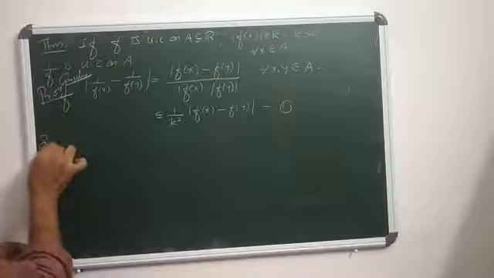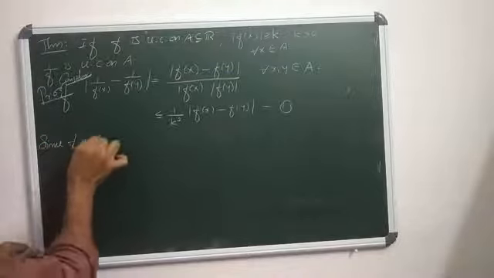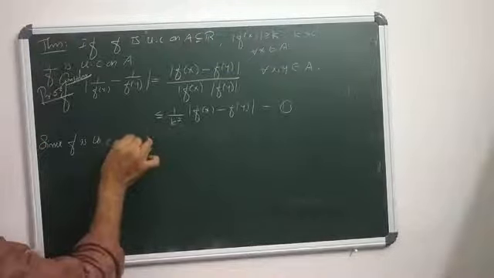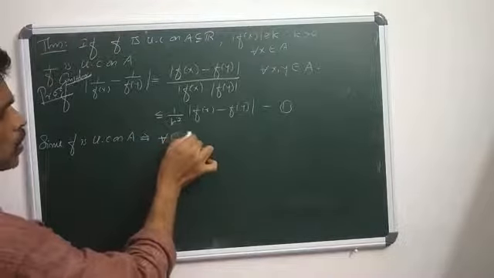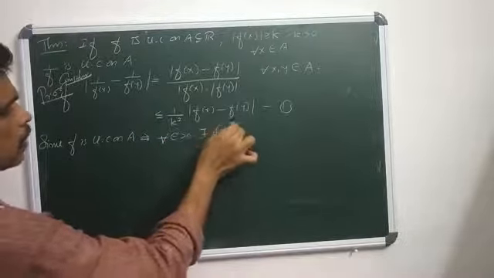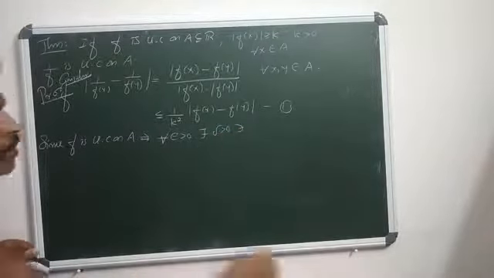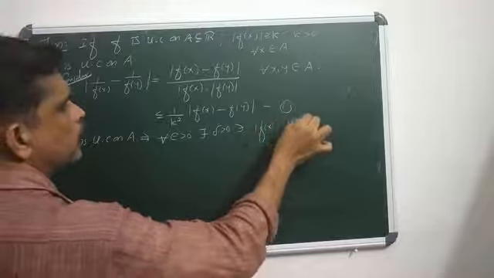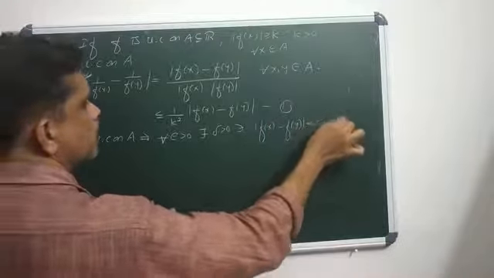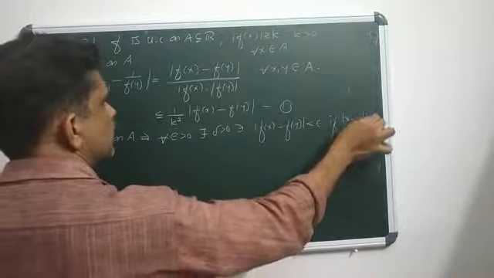Since f is uniformly continuous on E, that means for all epsilon positive, there exists some delta positive such that modulus of f of x minus f of y is strictly less than epsilon, provided mod x minus y is less than delta.